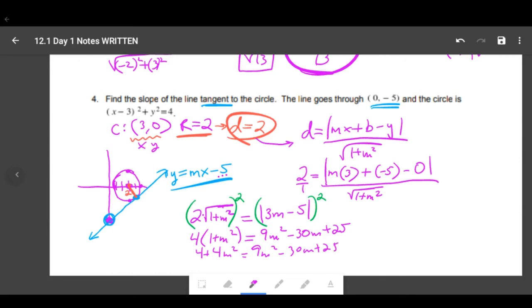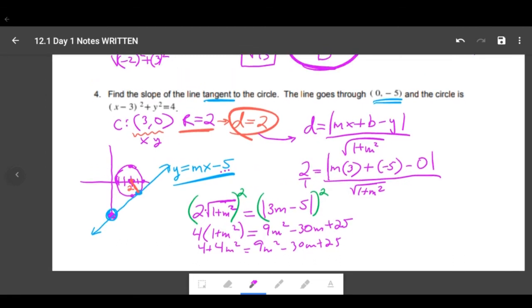I'm getting low on room here, so if I make this equal to 0 because I got a quadratic, I'm going to go up there and subtract, so please do it carefully. I have 5m squared minus 30m, and if I subtract the 4, I have plus 21. That equals 0.